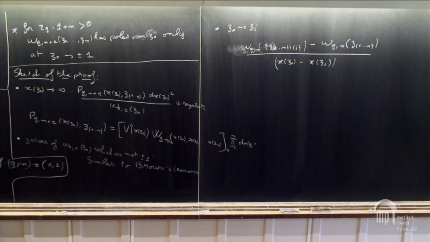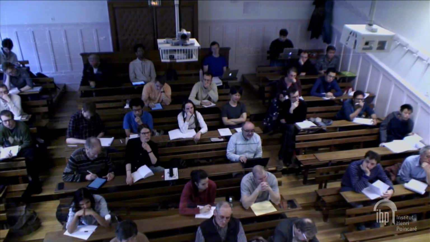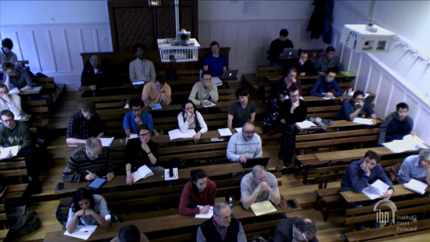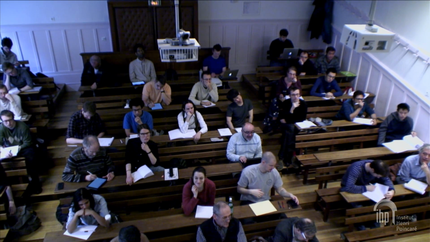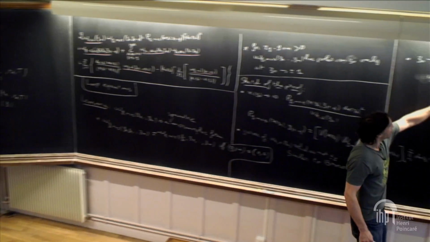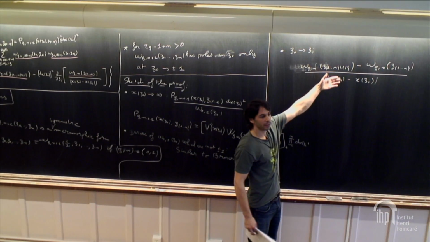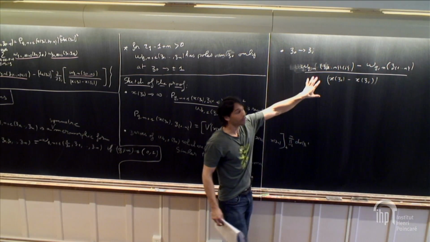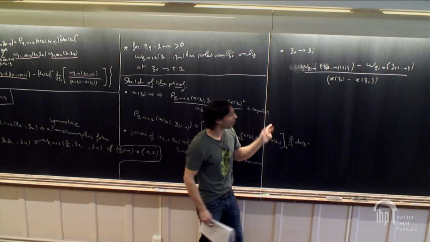So if you look in your notes, the first equation I got for this omega written in terms of omega, the only place where this denominator appeared was in terms of this form. And so this is completely regular when z0 goes to zj. So I don't have any pole.